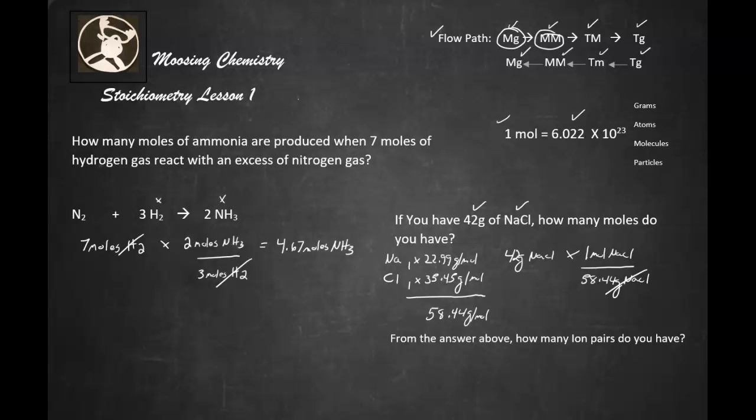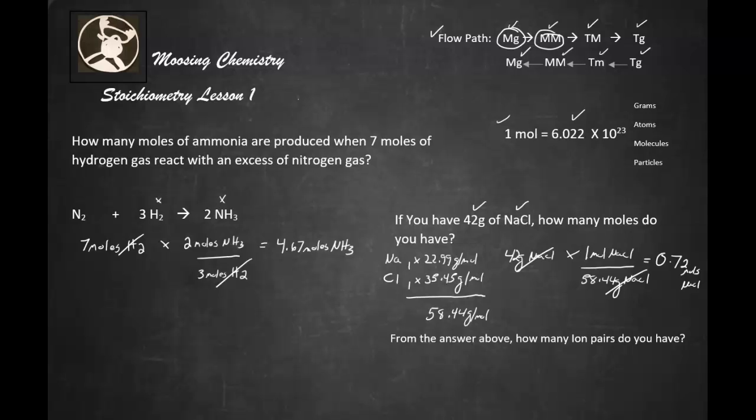So our grams of NaCl cancel out, and that gives me an answer of 42 divided by 58.44, and I'm going to get 0.72 moles of NaCl.